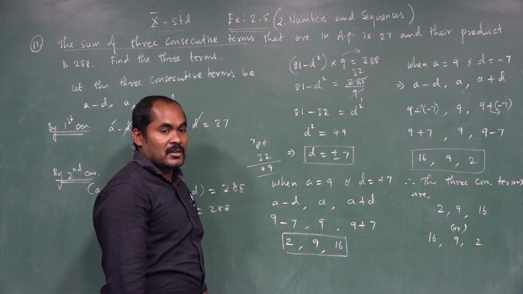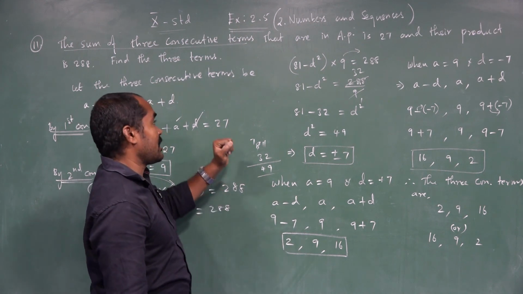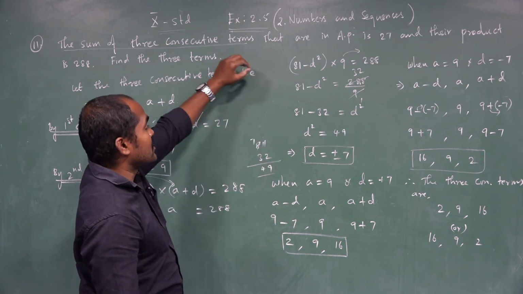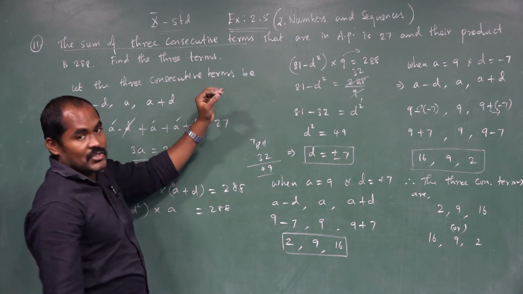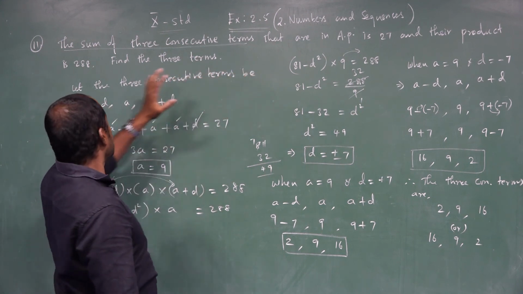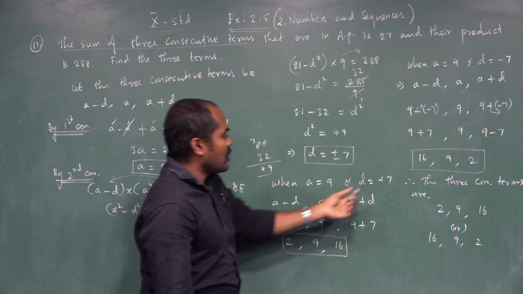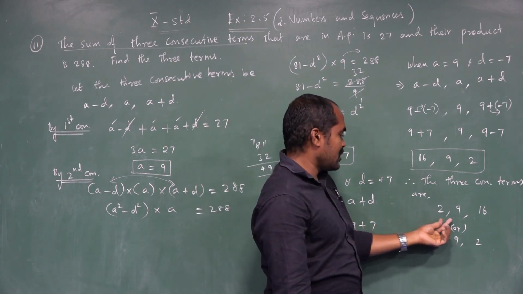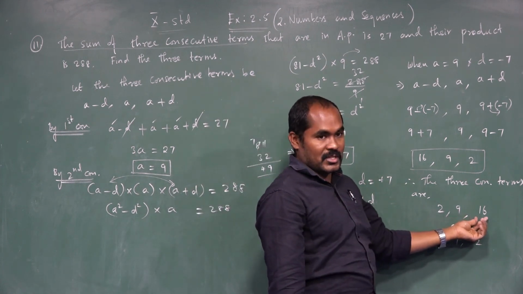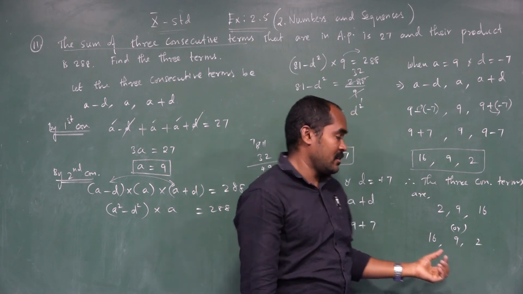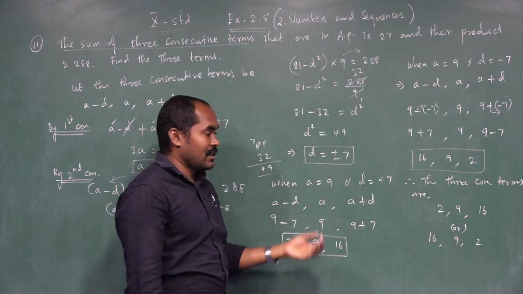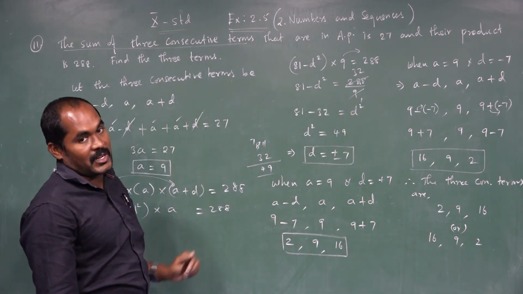So the first condition is satisfied. What is our second condition? The product is 288. Multiply these three numbers, 2 into 9 into 16. 2 nines are 18, and 18 into 16 is 288.